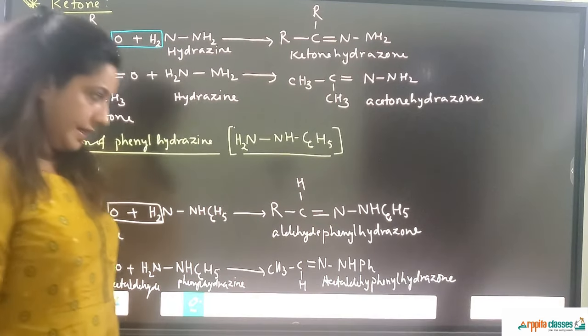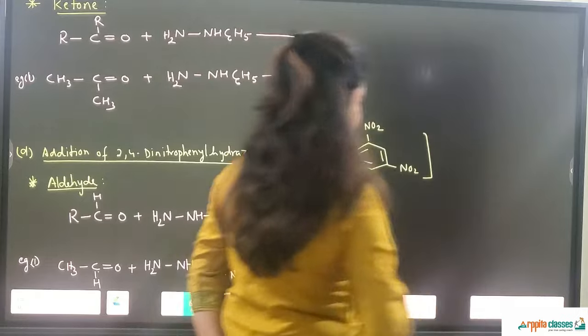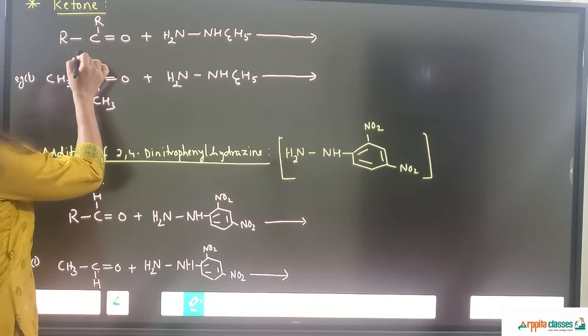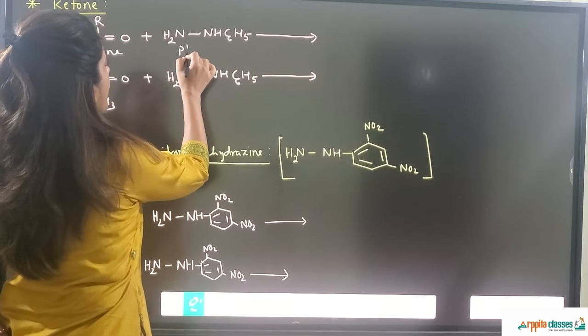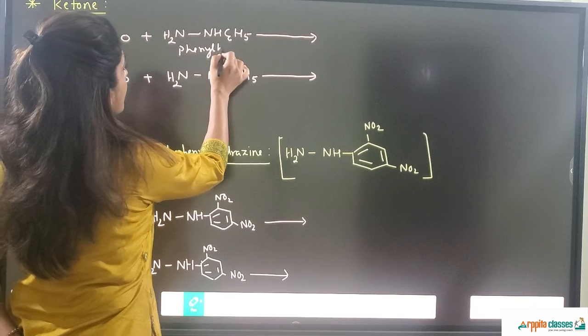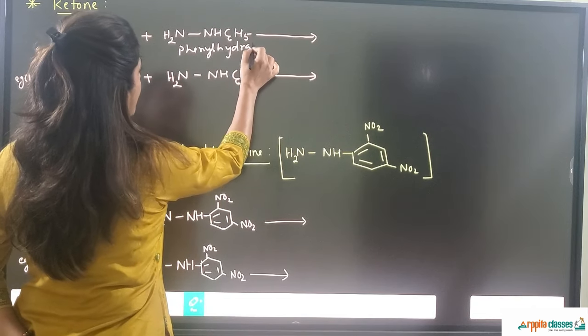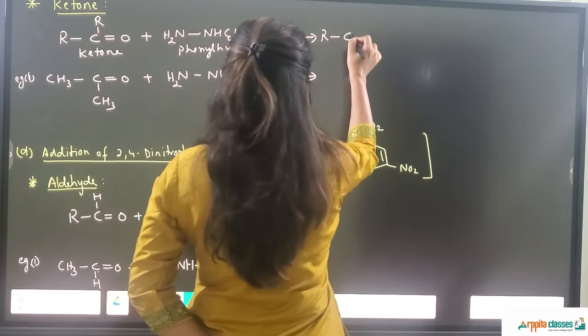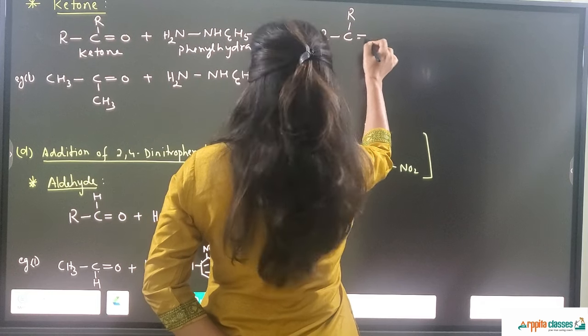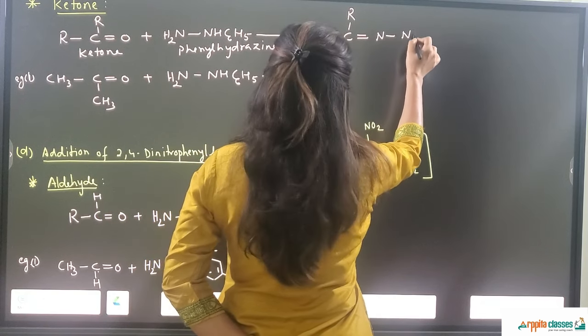Okay. Next, reaction with ketone. So this is your general expression of a ketone. This is phenylhydrazine. Do the same thing as I told you. Remove the water molecule. The rest of the part you join. So RCR, double bond N, NH.